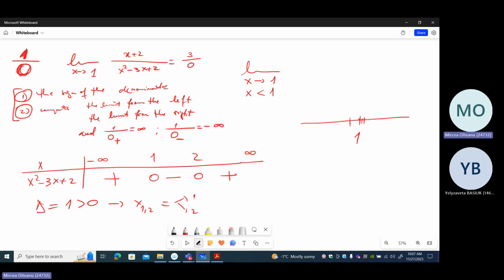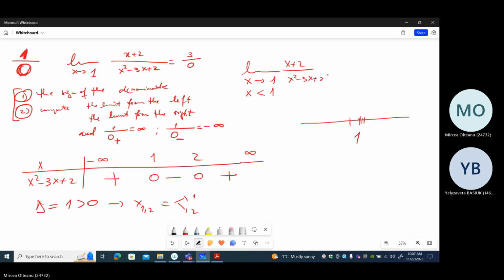So x can be less or greater than 1. When we take the limit from the left, it means that x is closer and closer to 1, but it is all the time strictly less than 1. This is the limit from the left. We shall see how we shall use this.